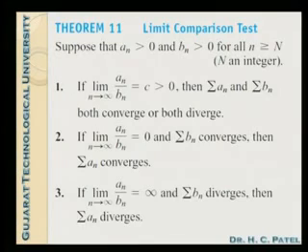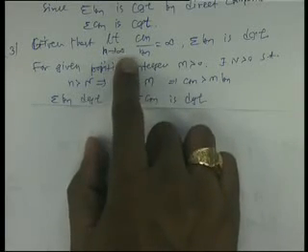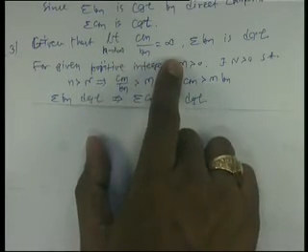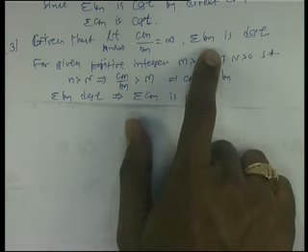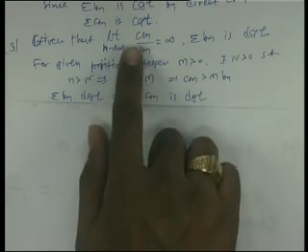Similarly, for the third case, it is given that the limit as n tends to infinity of a n by b n is equal to infinity and sigma b n is divergent, and we have to prove that sigma a n is divergent. Here, given that the limit of a n by b n is equal to infinity with the sigma b n divergent series, we start in this way.